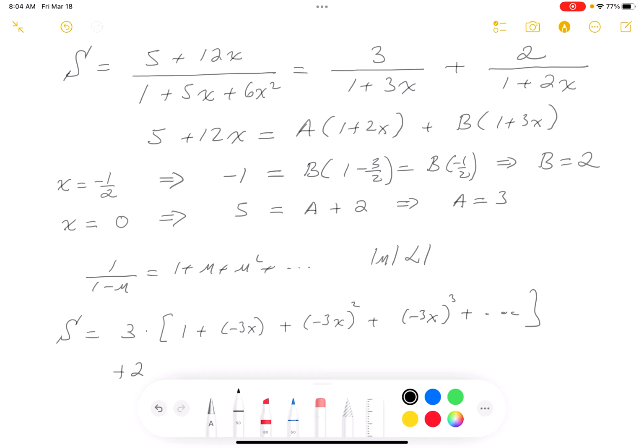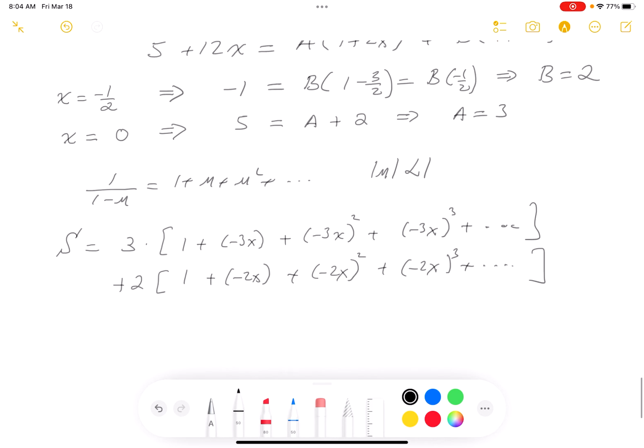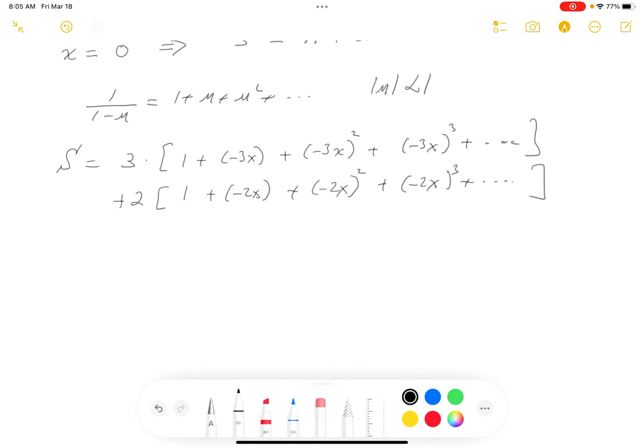Plus 2, and that's going to be expanded. 1 plus minus 2x plus minus 2x squared plus minus 2x cubed plus yada, yada, yada. All right? So I think I could start writing things down. I'm going to do something a little strange over here. I'm going to erase these things and put down minus 3x to the 0 and minus 2x to the 0.